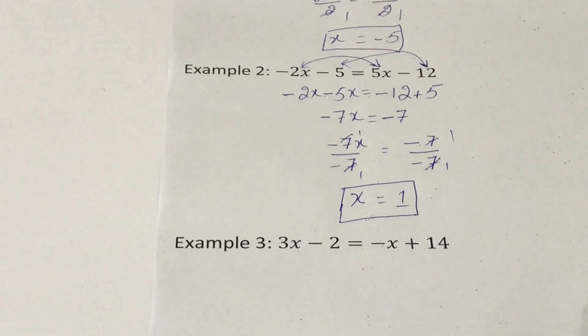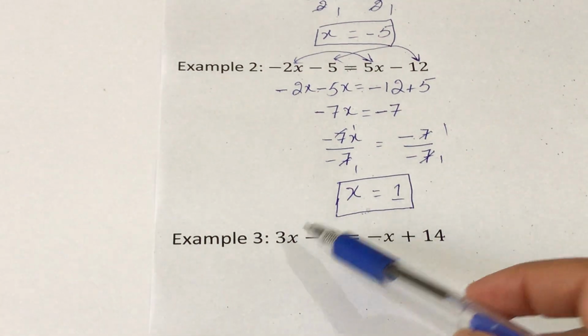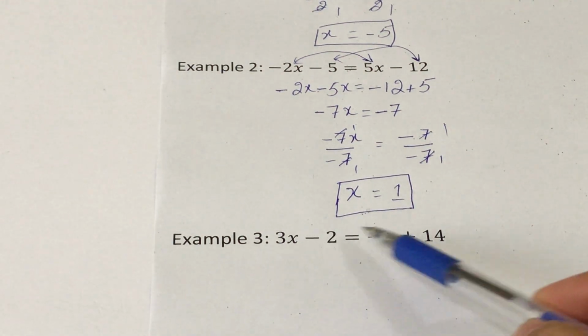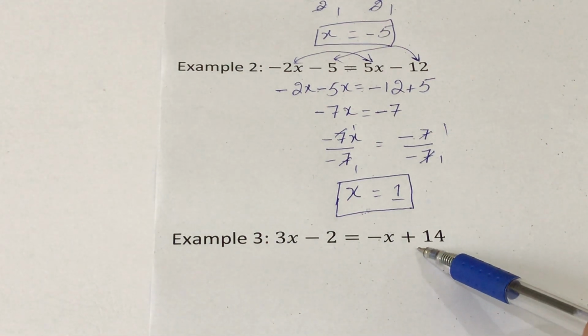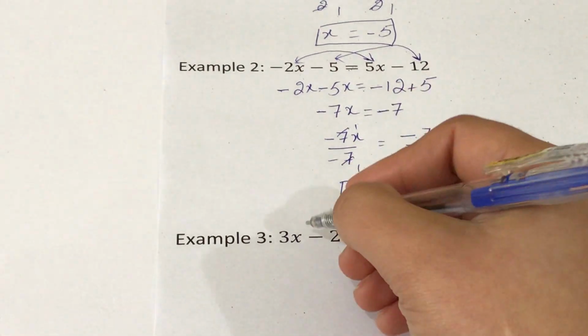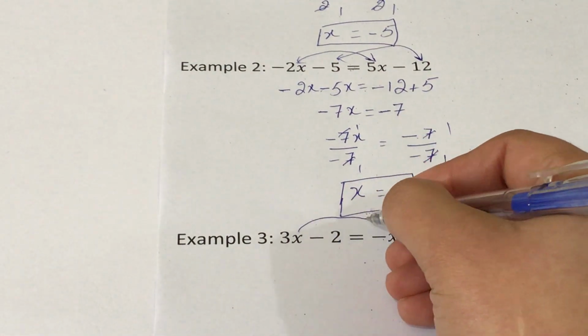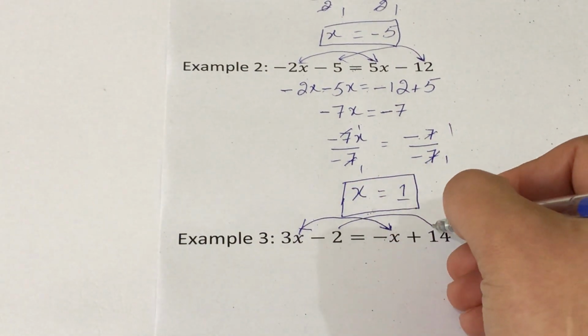Now let's solve the last example for today's lesson. That is 3x minus 2 is equal to negative x plus 14, right? Again, I will identify my like terms, the terms with the same variables or constant terms, right?